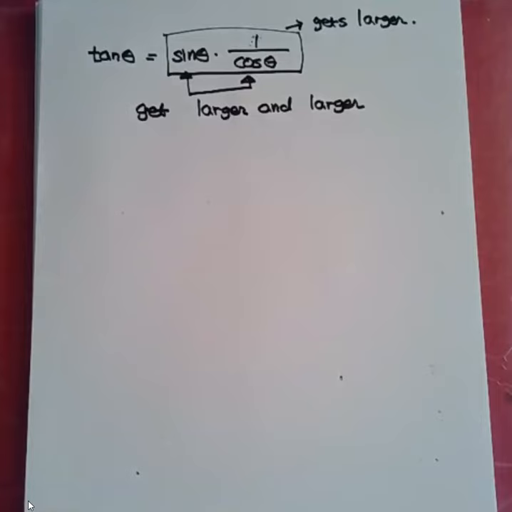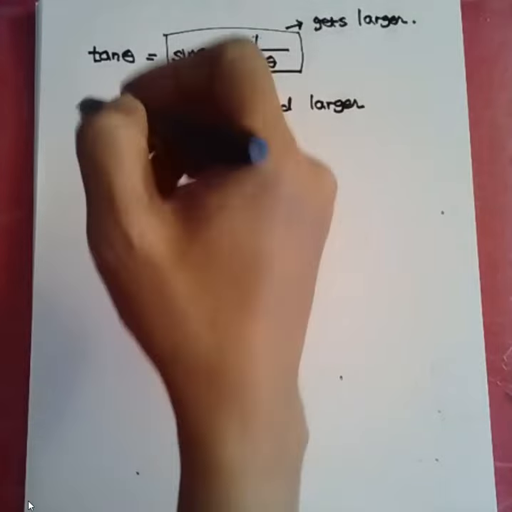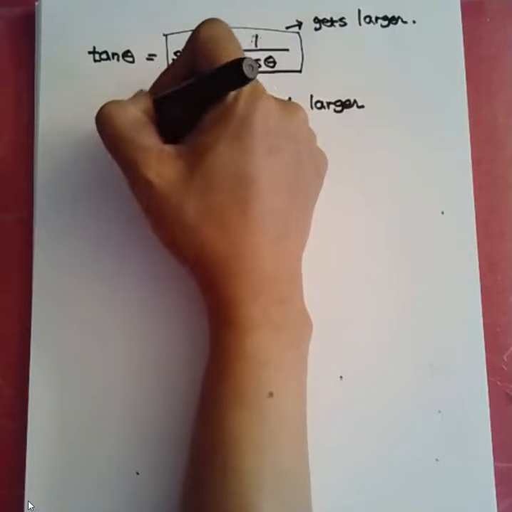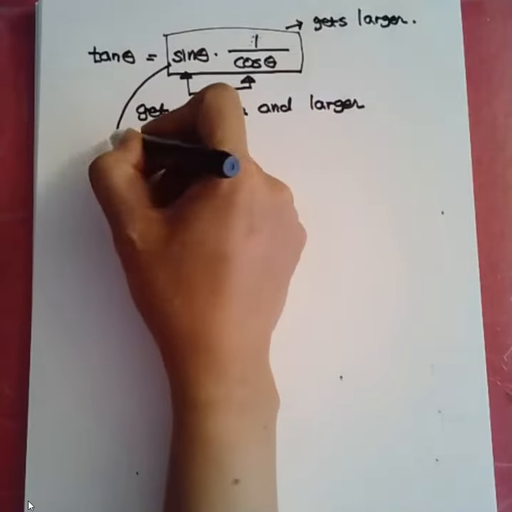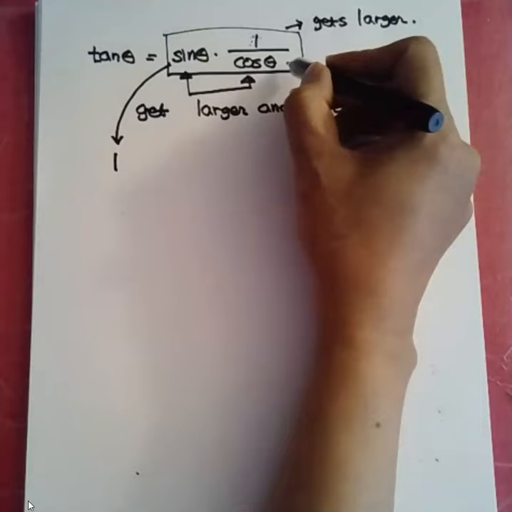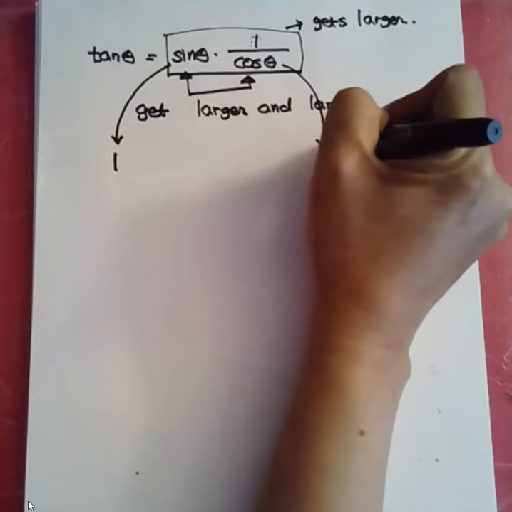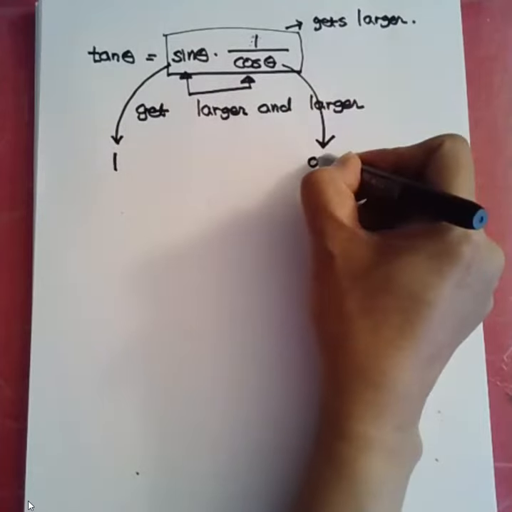What we want to think about is where it goes to, because sometimes it can be bounded, like sine function. What we observed was sine function will go to 1, and 1 over cosine will go to infinity.